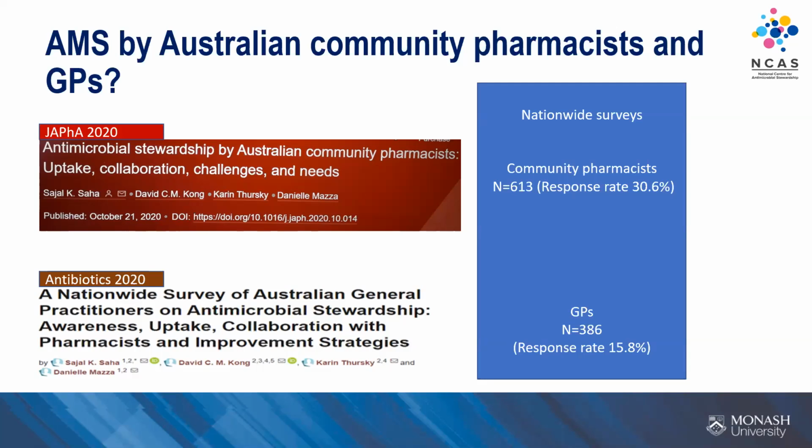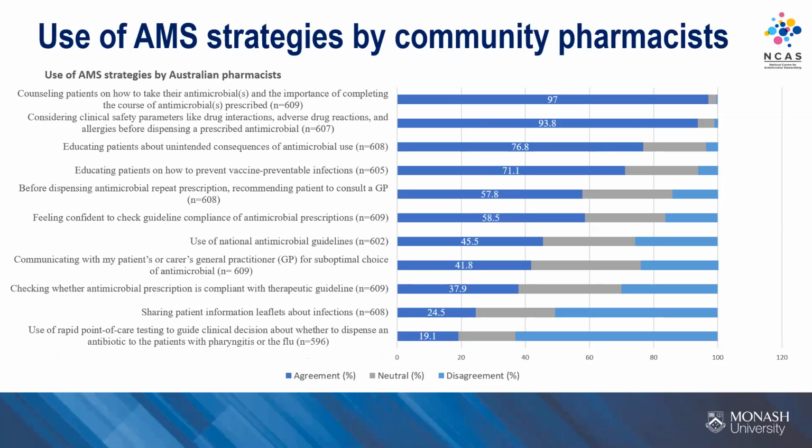So now let's see how Australian community pharmacists have been doing AMS and their attitudes towards collaboration with GPs in AMS. Commonly, the pharmacists used strategies in relation to patient education to avoid unintended consequences of drug interactions and allergies, whereas they less commonly used the point of care test and patient information leaflets, probably because of the problems of availability of these resources at the pharmacy level.